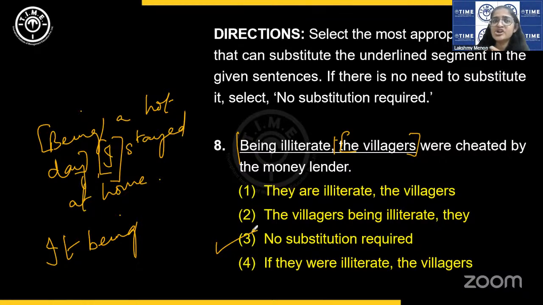Option 2 is not incorrect either. The villagers being illiterate, they were cheated by the moneylender is also correct, but it is a little clumsy. The given sentence is a crisper and better version. Okay. It being a hot day. Absolutely, Sandra, your answer is correct.